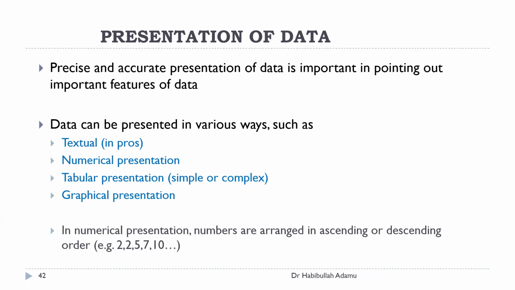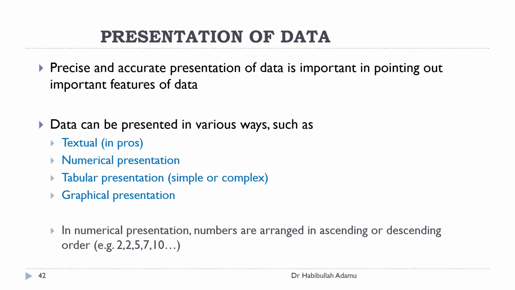You can use numerical presentation, for example, mean value. You are able to get all the weights and you decide to just calculate the mean. You can write the mean value and the standard deviation. That is numerical presentation.